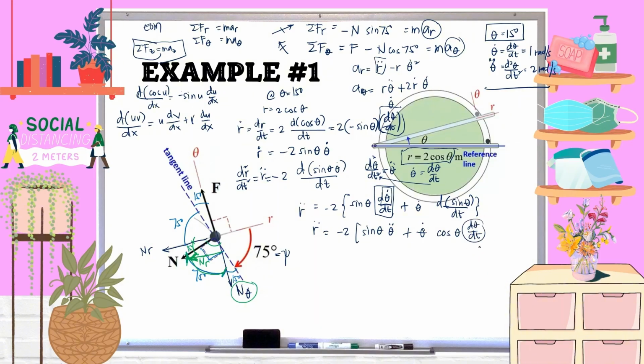So this is theta dot. Simplifying, r double dot will be negative 2 sine theta theta double dot, and negative 2 cosine theta theta dot squared, because theta dot times theta dot is theta dot squared. So we now have the representation for r dot and r double dot.